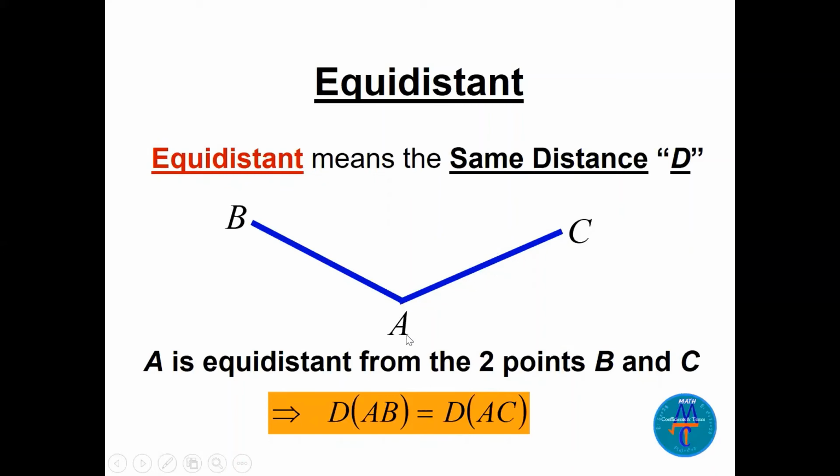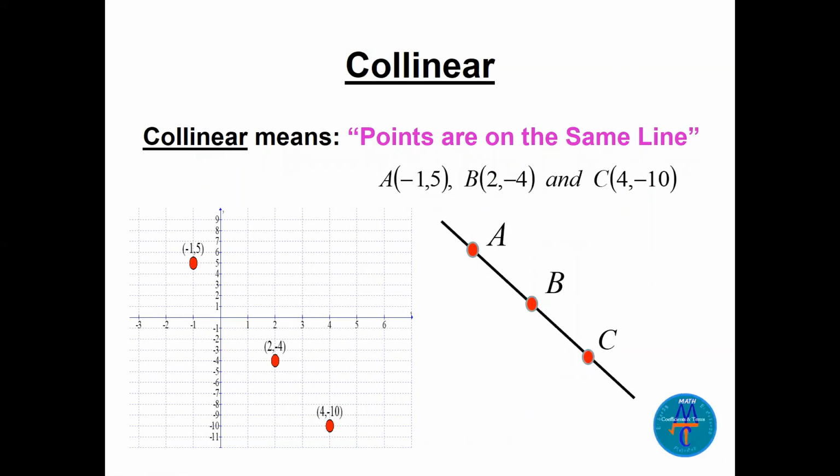Equi means same distance. Collinear. You can see all these words in the questions. When you study, there's an algebra course with lectures and many examples there. Here I'm explaining only the basic math terms. Collinear in math means the points lie on the same line.